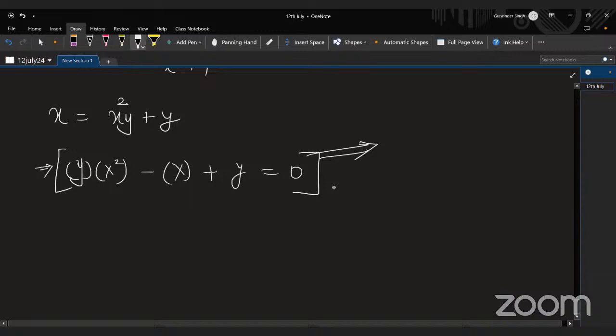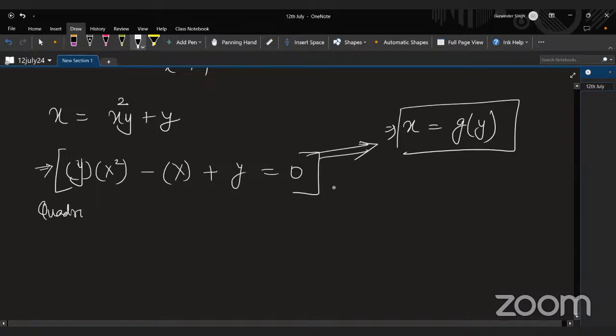So now if I try to write x in terms of y, how will I do it? This is basically a quadratic equation in x where y is a constant.